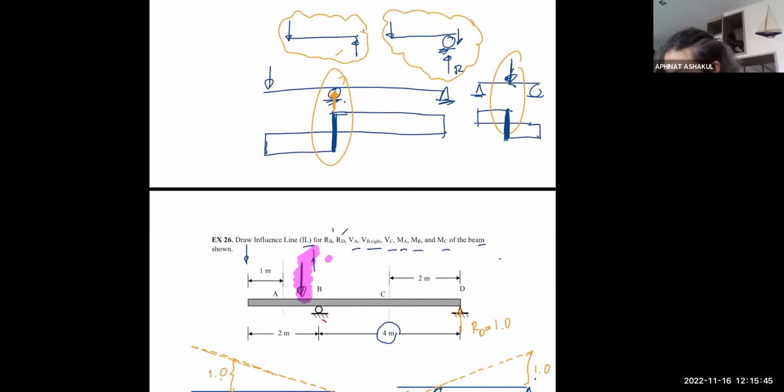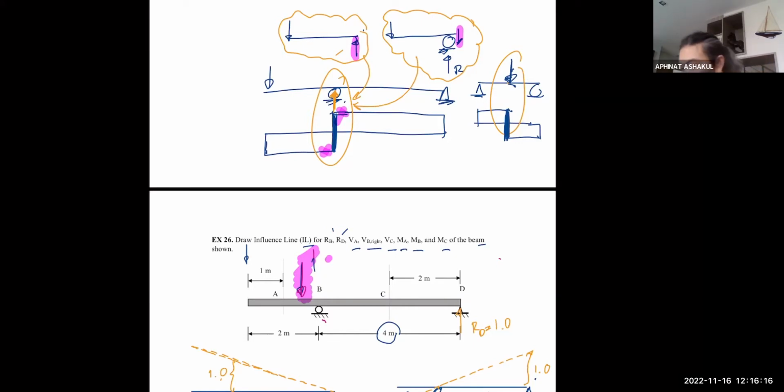Notice that this is going up to the right, meaning it is a negative shear. This is going down to the right, it's positive shear. So actually, I'm not doing anything new at all. I'm just putting the magnifying glass on the free body diagrams and what you've been doing all along.